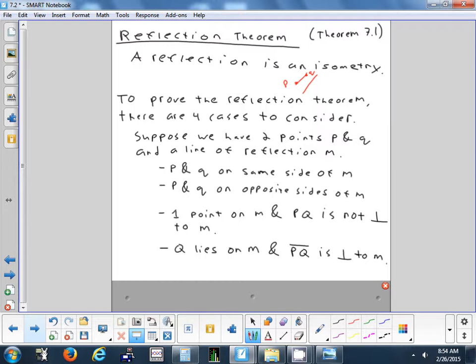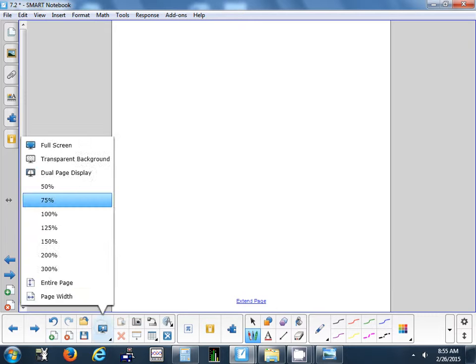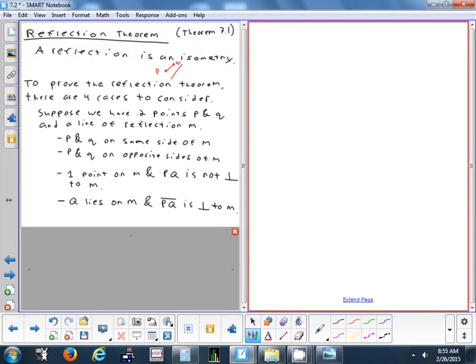All those cases are drawn out. I'm not going to sketch each one, but they're all on the bottom or top of page 405. I think I'll sketch the last 2 because those can be a little confusing. So let's sketch that 3rd one.